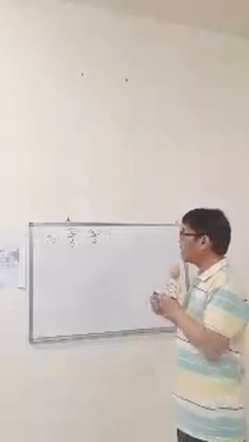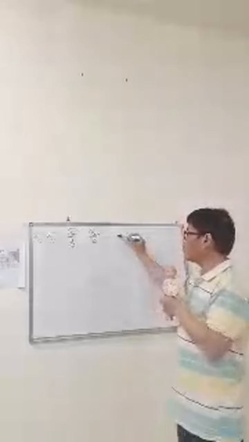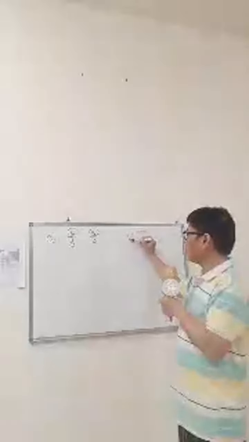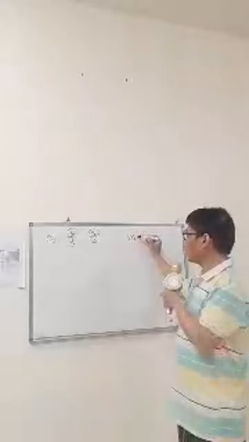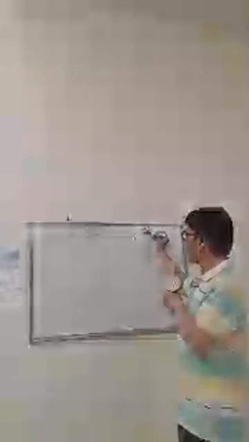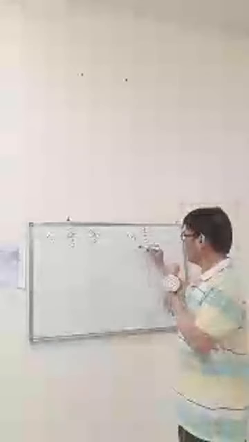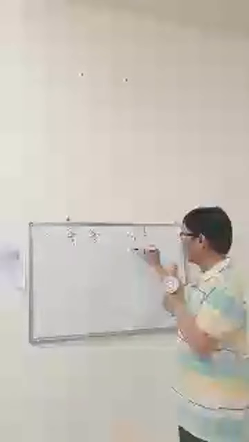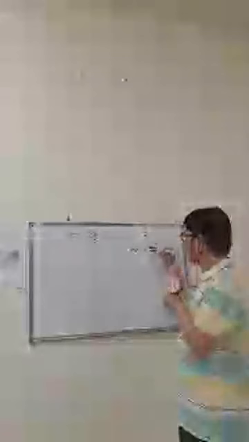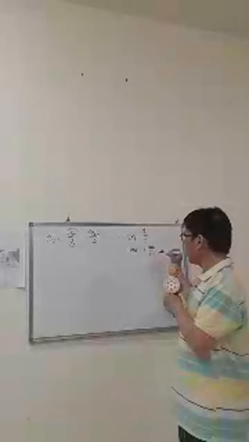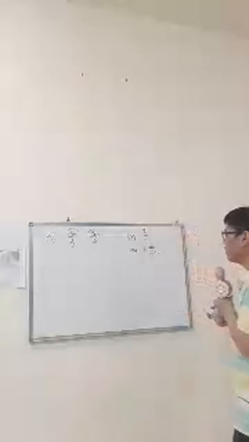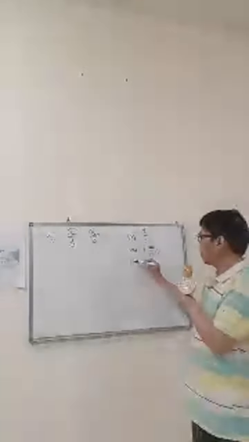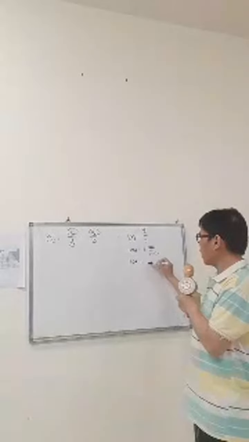Just like in the formula of current, current in ampere, capital A, is equal to the charge Q over time. Therefore, 1 ampere is equal to 1 coulomb per second, and 1 coulomb is equal to 1 ampere second.